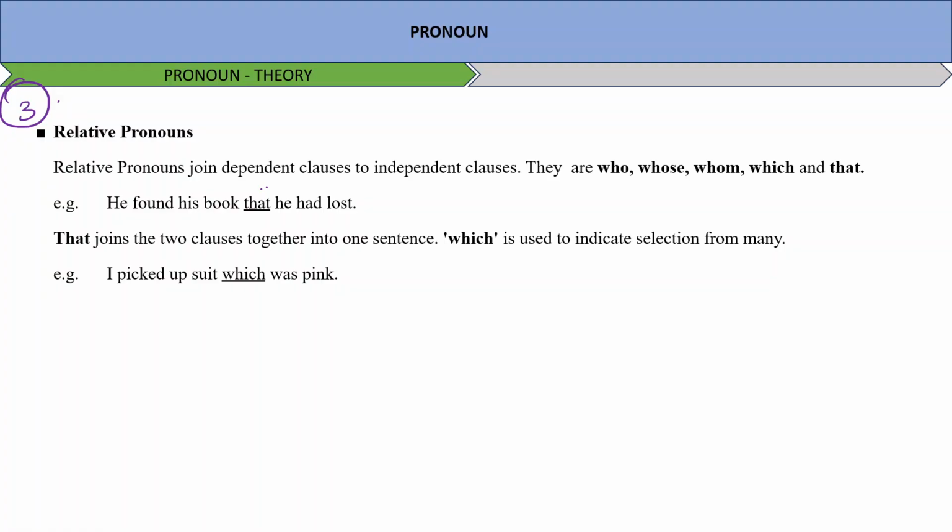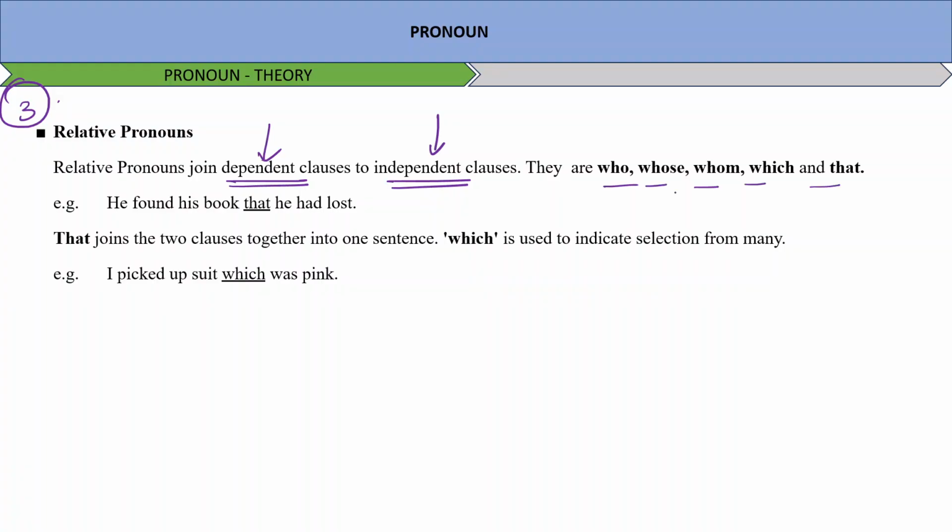Here we are trying to say that relative pronouns basically join sentences. Those can be fragments which are not complete without joining with the help of a relative pronoun, or they are complete in themselves, but still they need a pronoun in between. So relative pronouns are used to join. They are who, whose, whom, which, that.